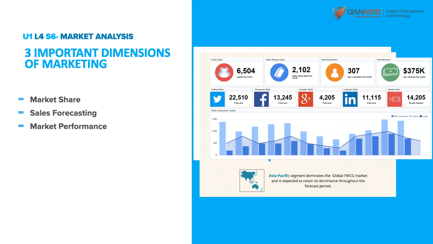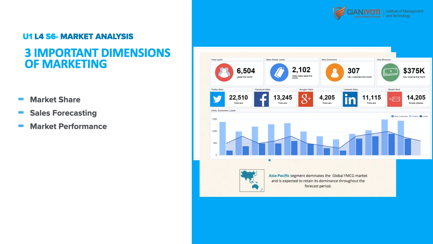The third dimension is the performance of your marketing efforts for the company. So you always talk about a dashboard, and you want to know, for example, in the digital age, this is how you look at it. How many total leads? This is monthly data. How many sales have you made? How many new customers have you gained? How much revenue have you earned during the month?